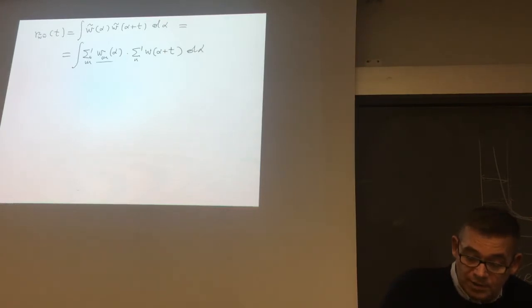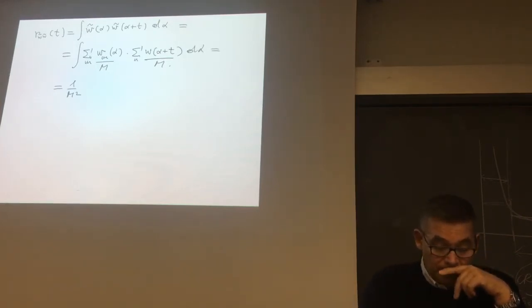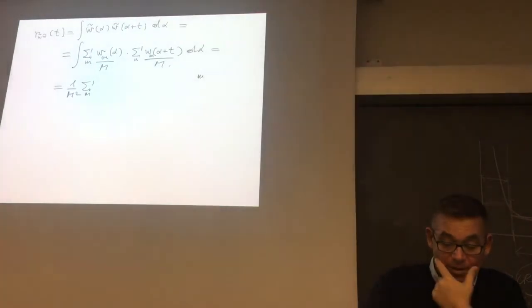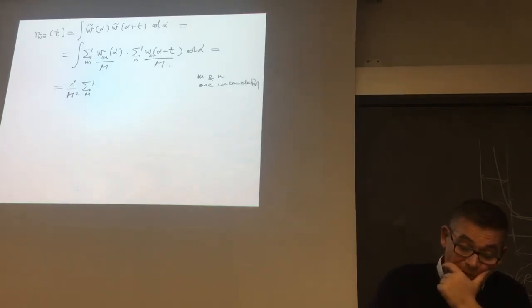Here I have a divide by N, and here a divide by N, so this is equal to 1 over N squared times a sum of terms. This is equal to the sum over n only, because the different noises are uncorrelated: the sum of w_n(alpha) w_n(alpha plus t) d alpha.